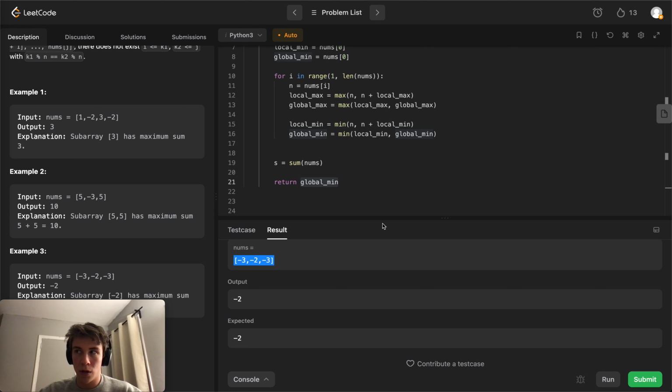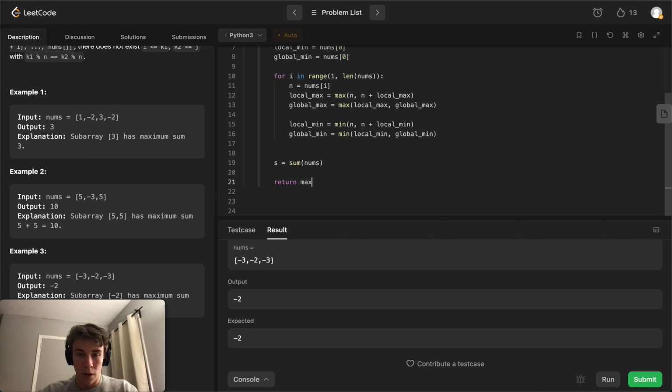That could be a possibility, except I'm thinking of what if there are some combination of numbers that happen to equal the sum of the whole thing. For example, if the sum of the whole array is equal to 0, and the min subarray is also equal to 0, that's not possible.